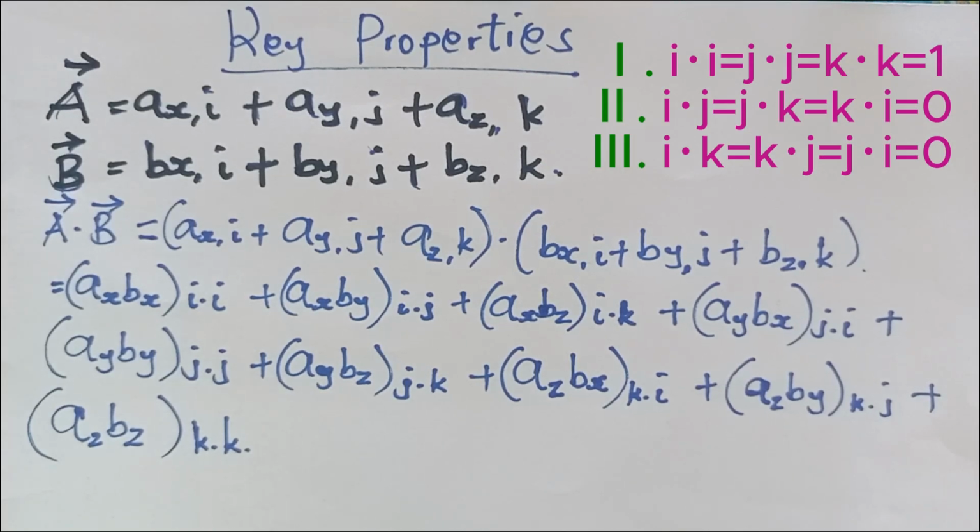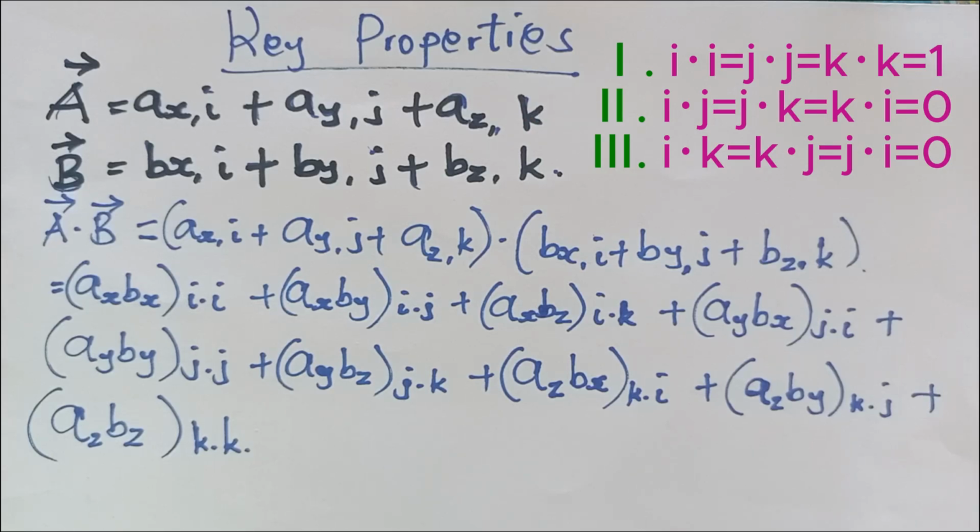Property number 1 is that I times I is equal to J times J is equal to K times K is equal to 1. The second property is that I times J is equal to J times K is equal to K times I, and is equal to 0.